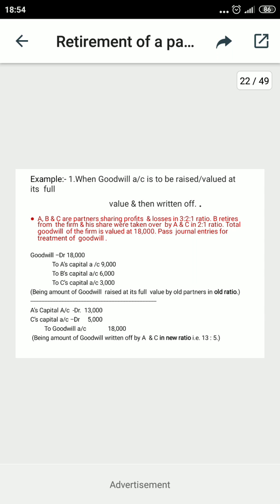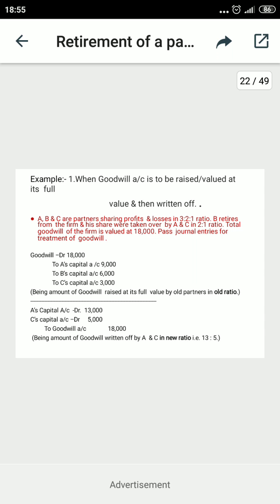It means when the goodwill is raised with the full value, the old ratio is used to distribute the amount among the old partners. The narration is: goodwill raised among the old partners in old ratio. Secondly, it is immediately written off, so goodwill will be credited with the same value, 18,000.